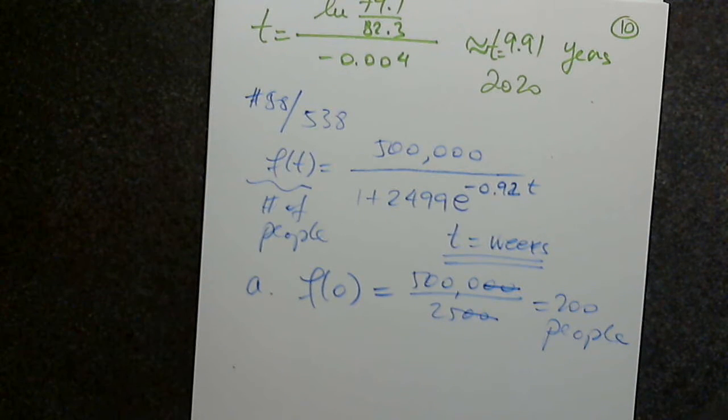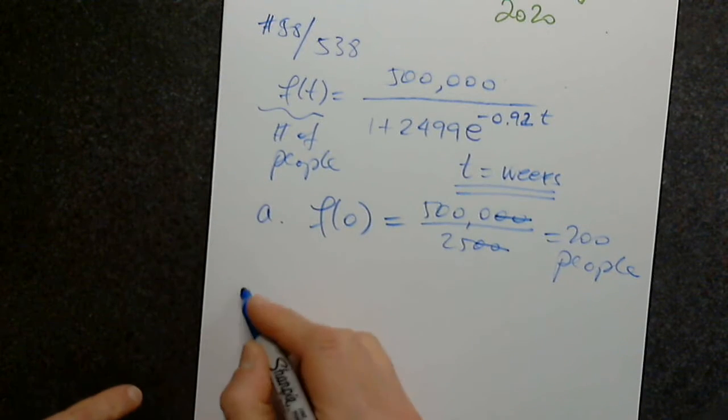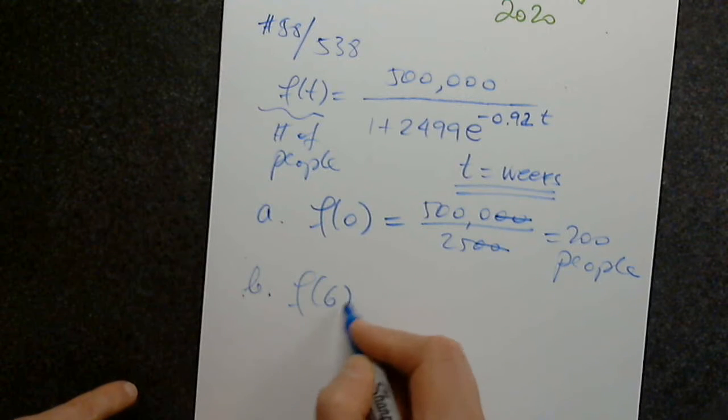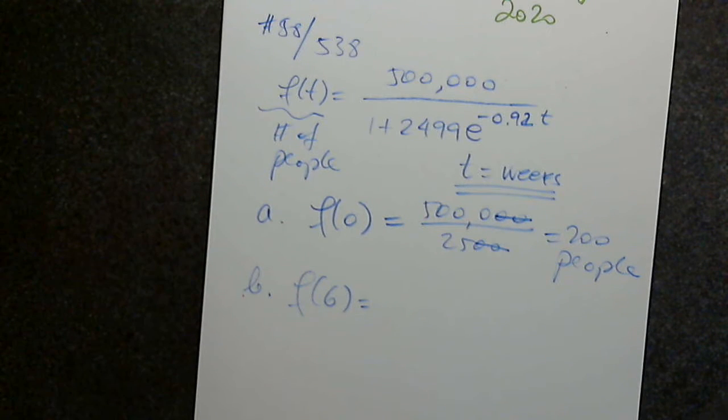Part B. How many people were ill by the end of the 6th week? F of 6. Let's plug it in. I would like to put it in y equals. Clear whatever you have in there.